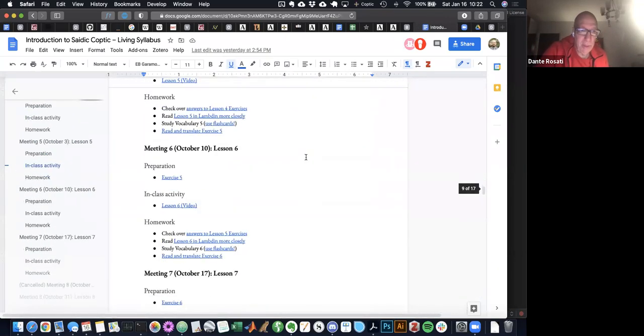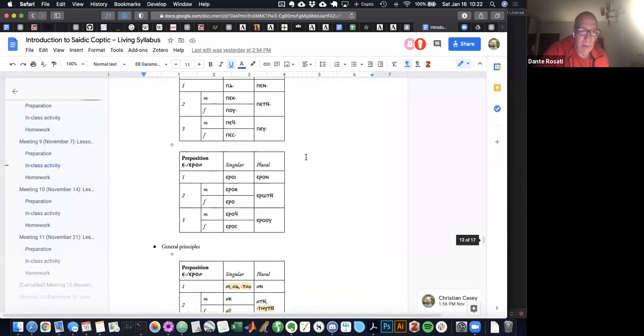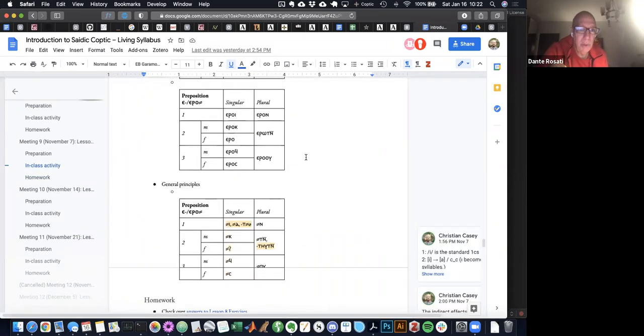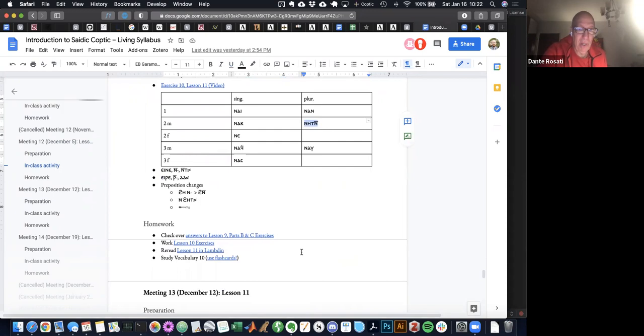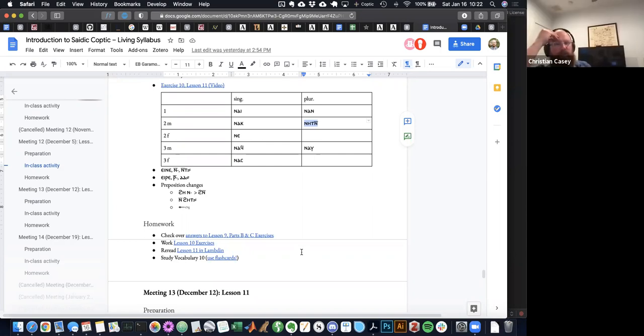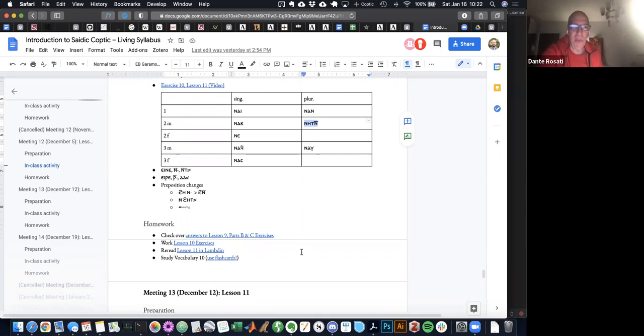I don't think Lambdin explains that anywhere. It popped up in an exercise, and it took me forever. I couldn't find it anywhere in the book, in the dictionary, in anything. And then I saw it here. So that's what this is, right? These are like datives for the pronouns, right? Yeah. I think that's probably just an oversight. Why is that one so weird? The other ones are straightforward.